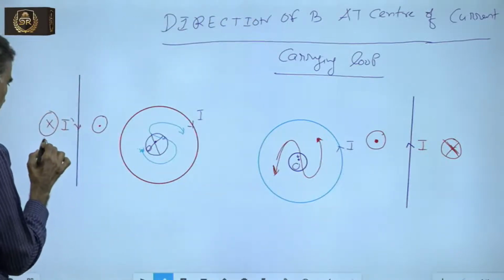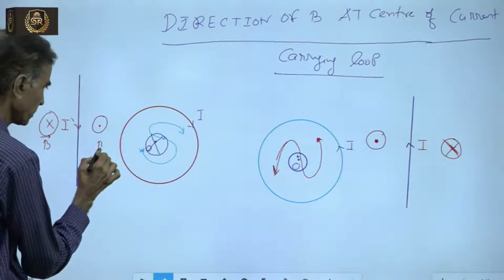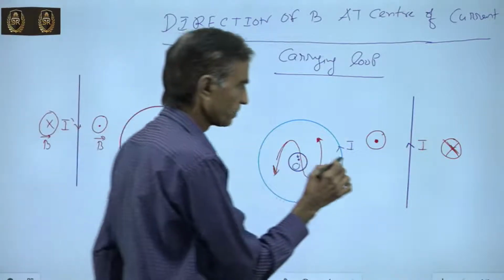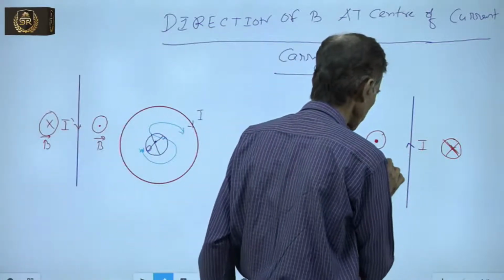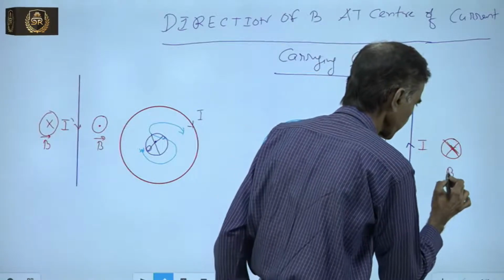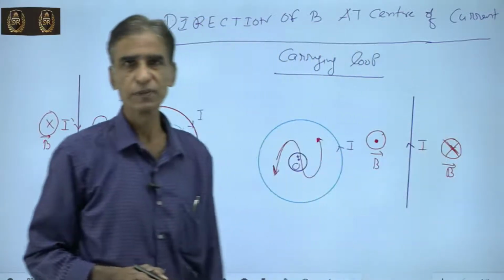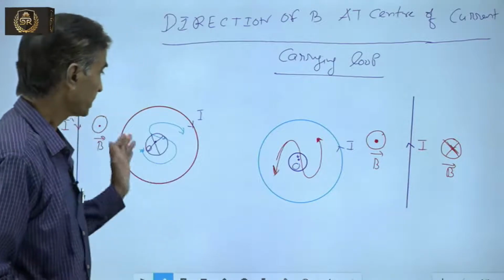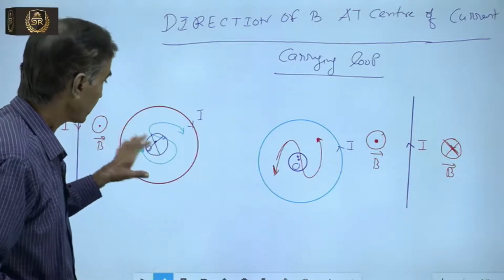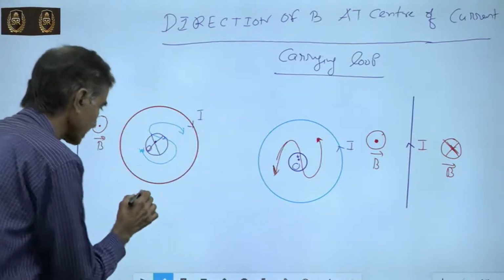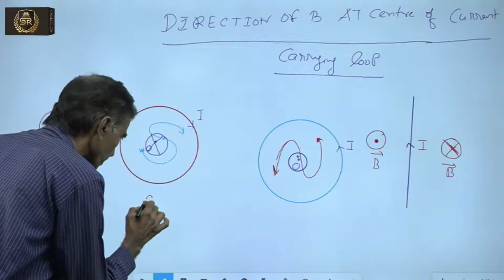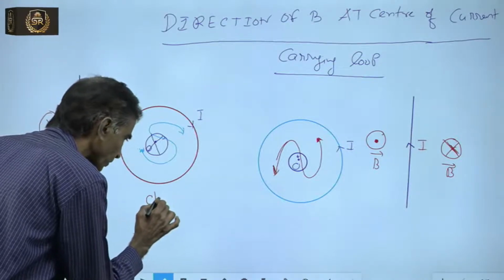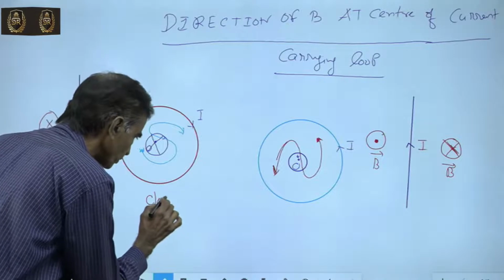So this is the B vector, and this is also the B vector direction. Already we know the magnitude, so this is the direction. So for clockwise current, we write CW.